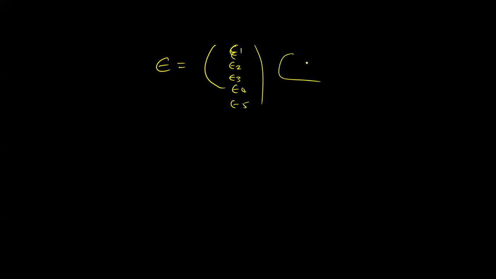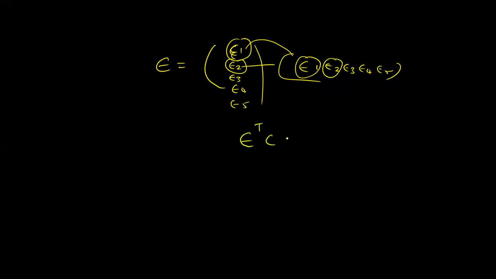The transpose will give you E1, E2, E3, E4, E5. When you multiply, E1 is multiplied with E1, then E2 is multiplied with E2. So this is the squaring and adding. If you use matrix format, I'll write E transpose times E, or if I use a tabular column, I'll just write sigma y minus y cap the whole square.